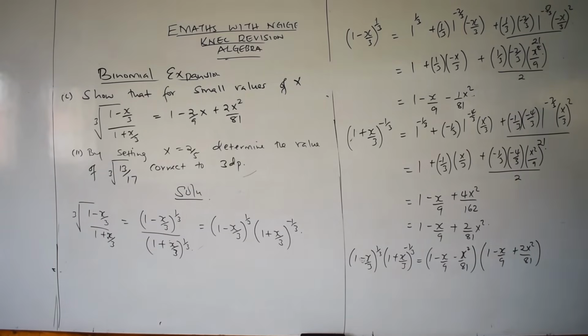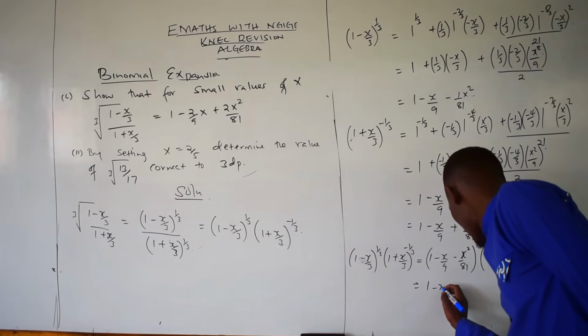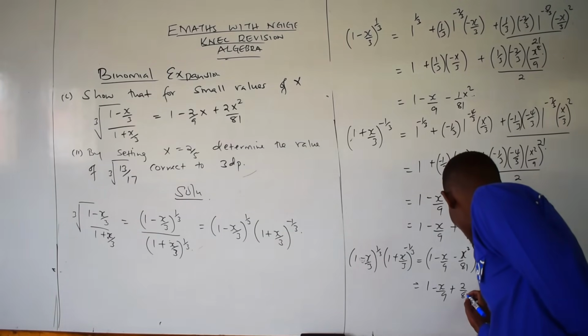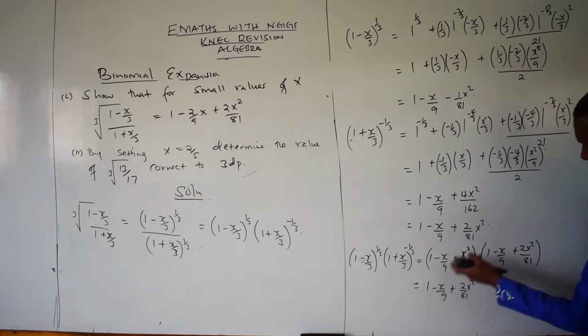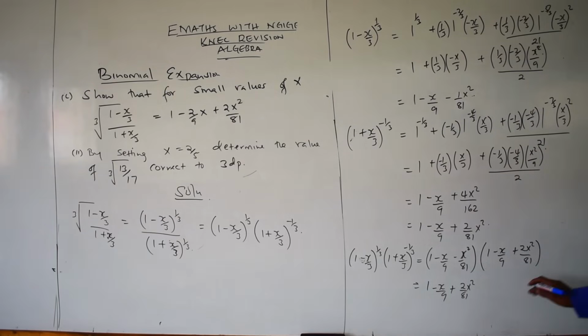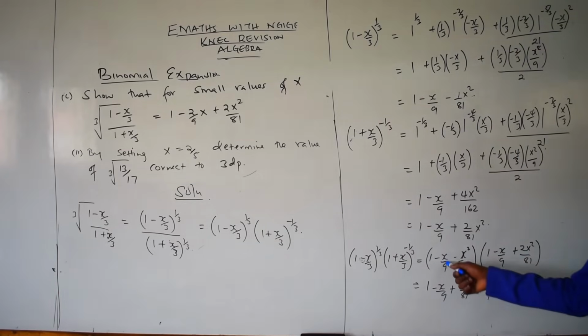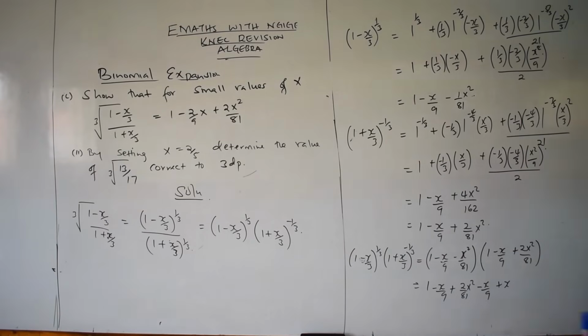81. So we know this term opens up the whole of that. So we should have 1 minus x over 9 plus 2 over 81 x squared. So when 1 multiplies the whole of this, we come to negative x over 9; again it multiplies the whole of this function, and again becomes negative x over 9. So it's this and this, and this becomes positive, so positive x.